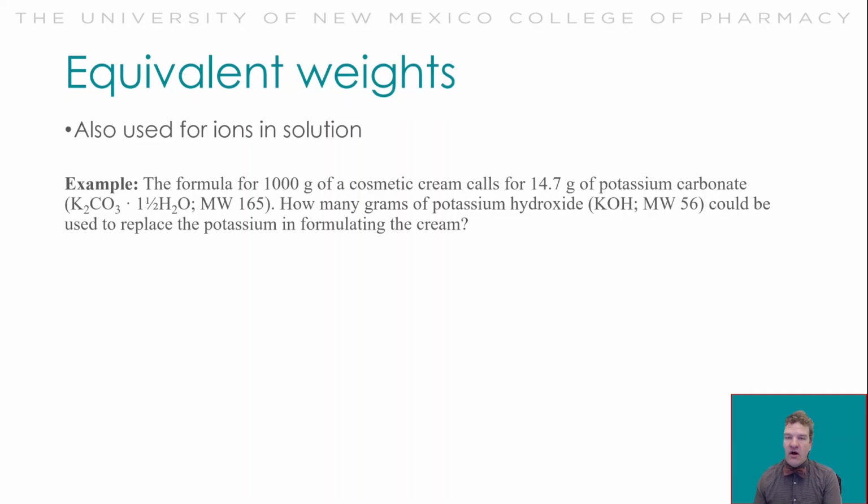So we can also use it for ions in a solution. So the formula for 1,000 grams of a cream calls for 14.7 grams of potassium carbonate. So how many grams of potassium hydroxide could be used to replace the potassium in formulating the cream?